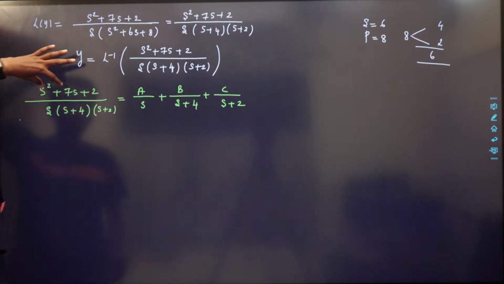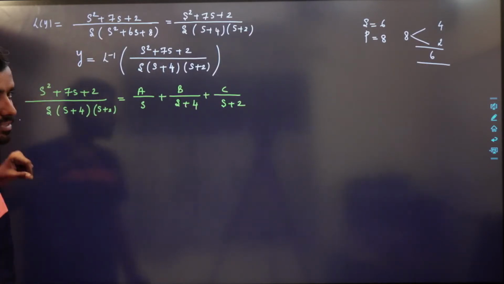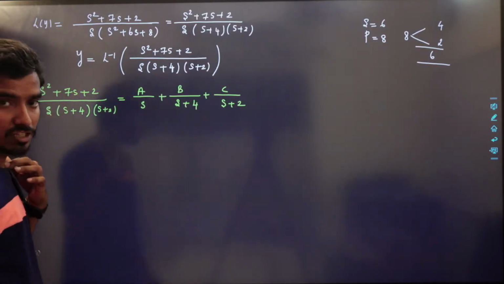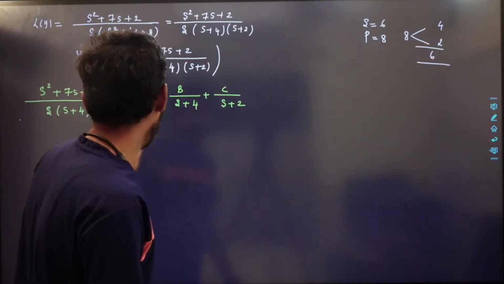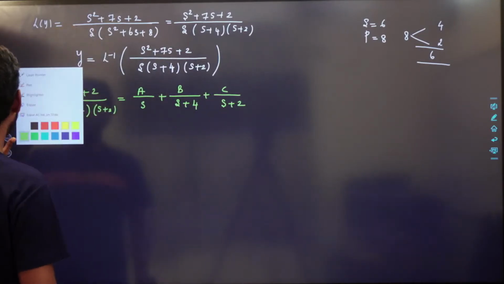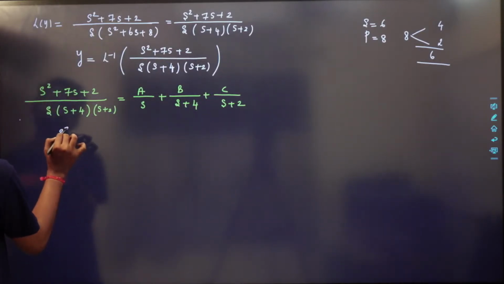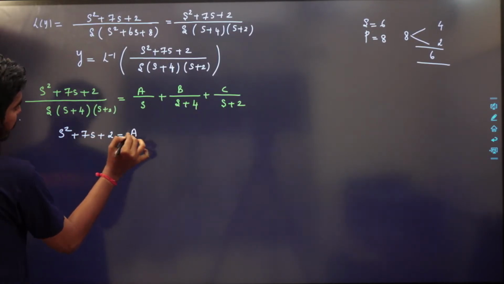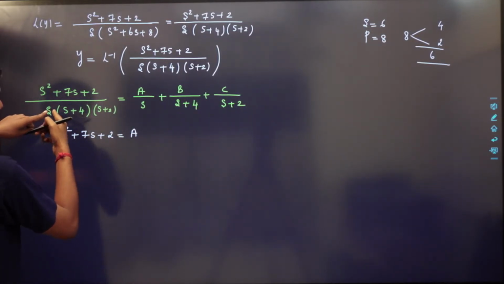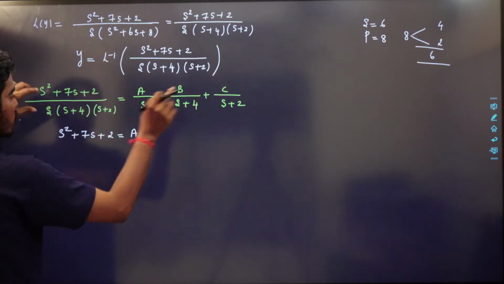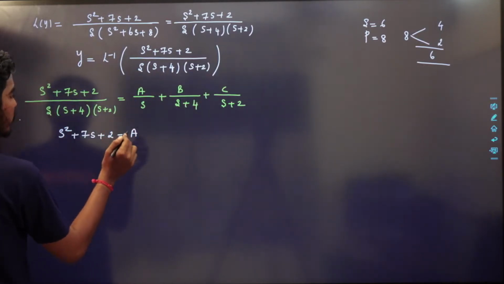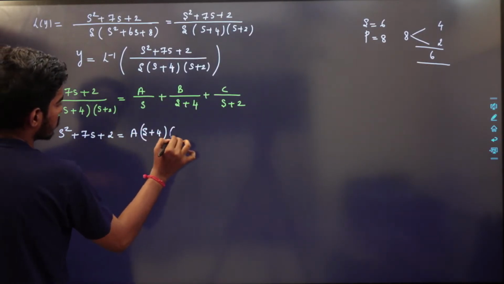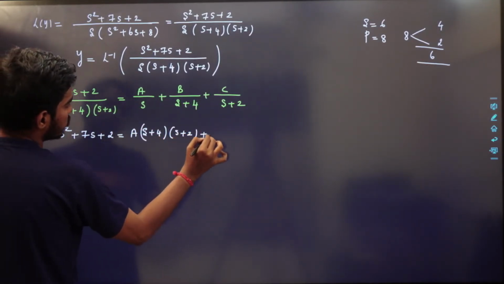Sorry, multiply throughout by s into (s plus 4)(s plus 2). So we will have s square plus 7s plus 2 is equal to A into, so if I multiply throughout by s into (s plus 4)(s plus 2), this term will get cancelled. So we will have (s plus 4)(s plus 2).